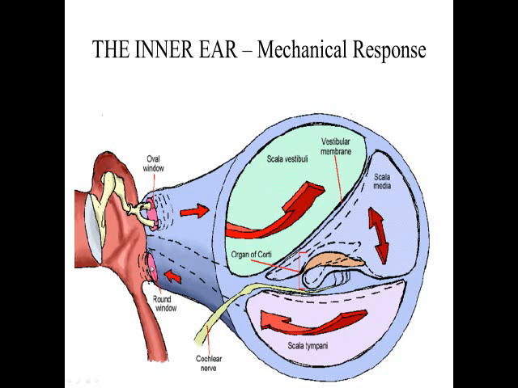And then, of course, most waveforms have a rarefaction phase following the condensation phase. That would be the part of the pressure wave where the particles were pulled further apart. And that's going to make the eardrum bulge outward laterally.